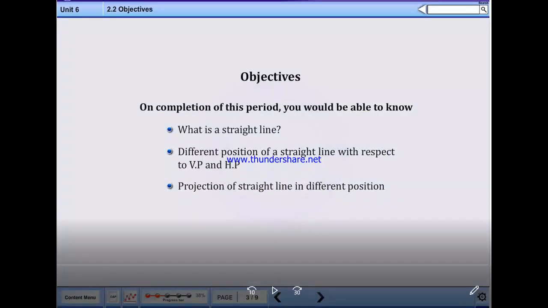After completion of the projection of straight lines, the objectives behind this topic are what is a straight line, different positions of straight line with respect to vertical plane and horizontal plane, and projection of straight line in different positions. We are going to learn these topics.